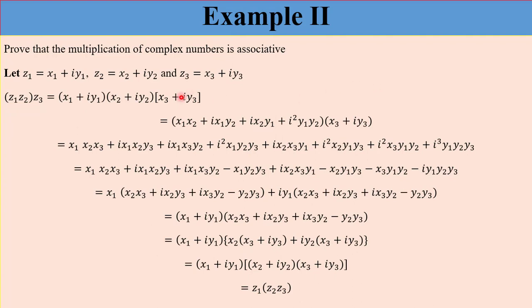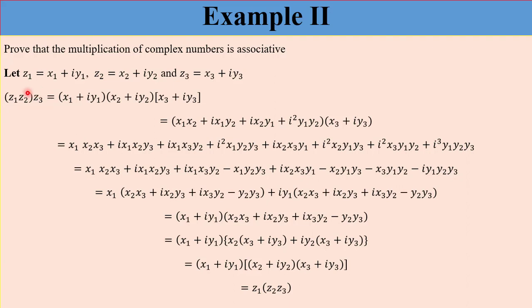Then example 2, prove that the multiplication of complex numbers is associative. So if we let z1 be x1 plus iy1, z2 be x2 plus iy2, and z3 be x3 plus iy3, we shall find that these three complex numbers are associative. And this we can prove by having z1 z2 times z3.